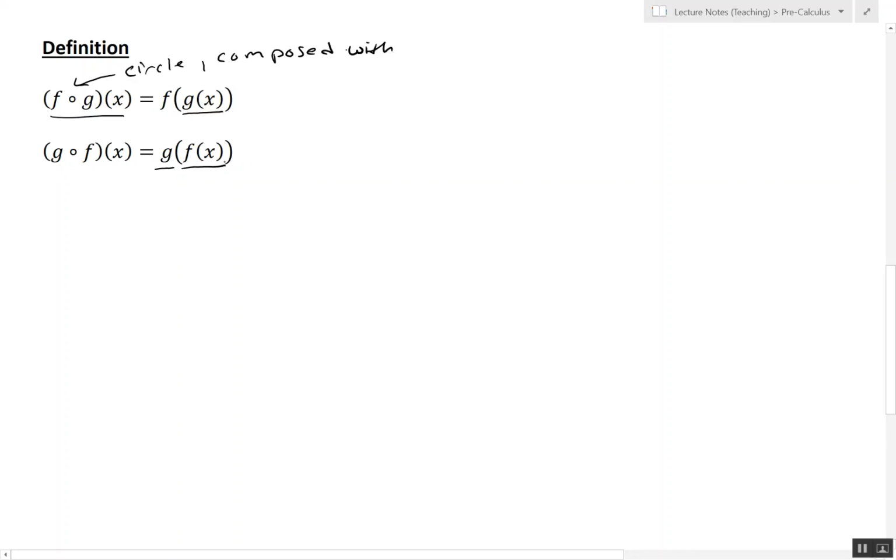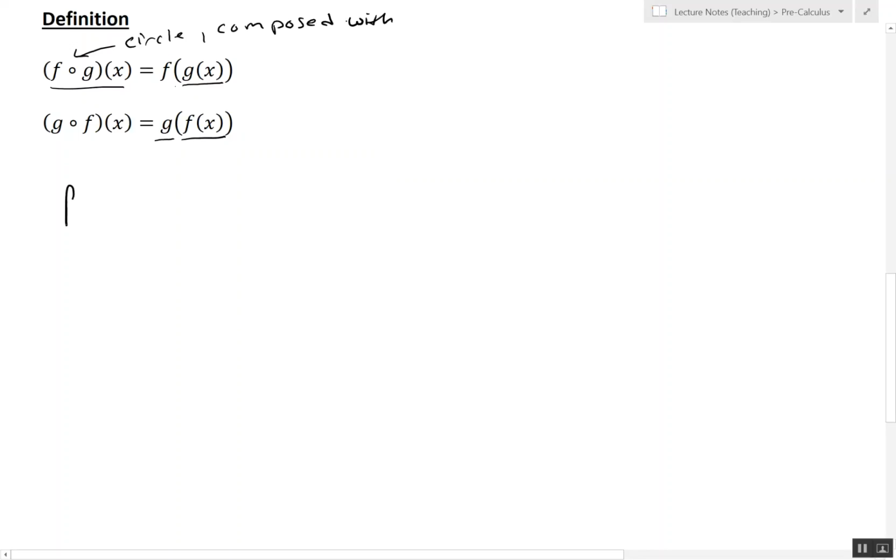So one thing I want to note is just some of the notation here, because people sometimes have a hard time remembering which goes first, the f or the g. And notice that when I write f circle g of x, when you want to write the next step, you write all the symbols in the same order: f, g, and the x. The x always gets a parentheses around it, and then between the two letters you put a parentheses, and then you just have to close the parentheses after the x here again.